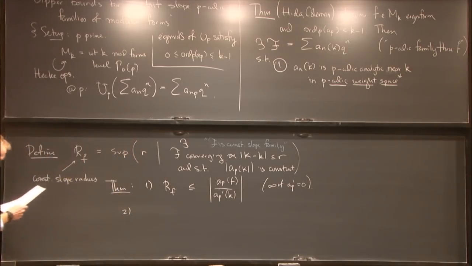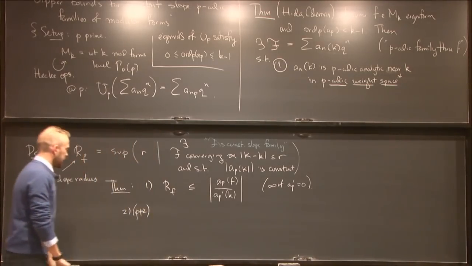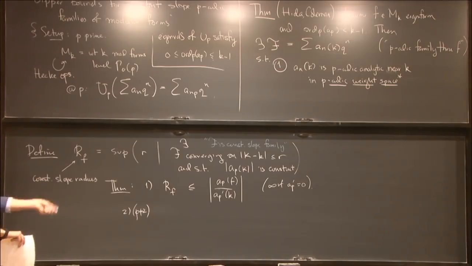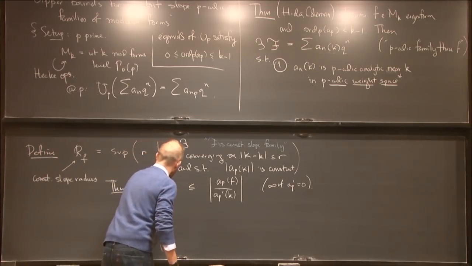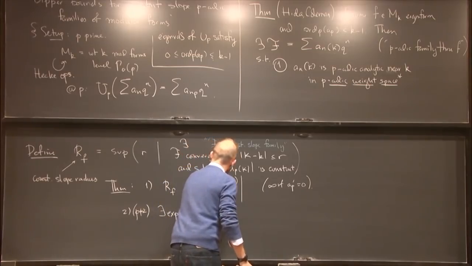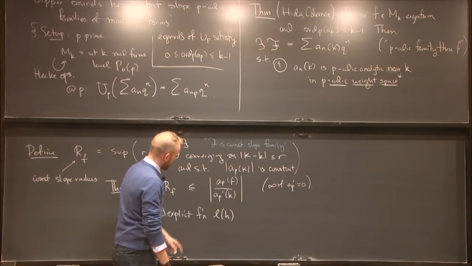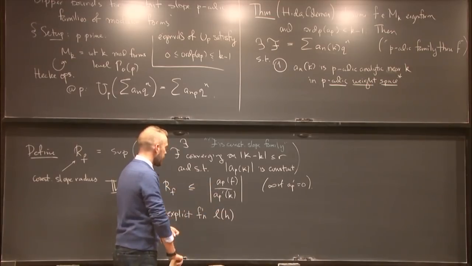The second bound is maybe only for P is 2, but that's sort of a technical issue relating to references that are sort of suboptimal in the state of the art. And it says there exists an explicit function, L of h. So it's a function from, say, real numbers to real numbers.